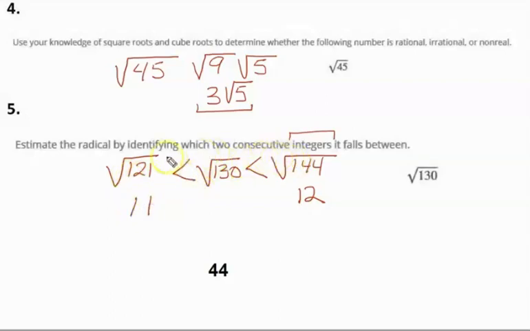So by thinking of consecutive integers, the square root of 130 falls between the integer 11 and the integer 12 using this methodology. And if you're not sure about something, be sure you ask.